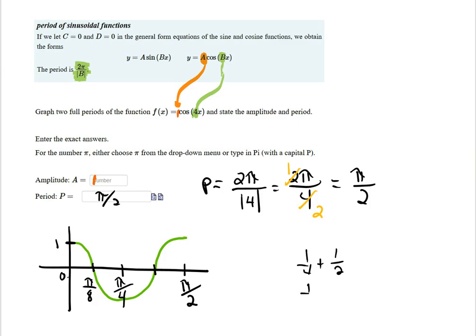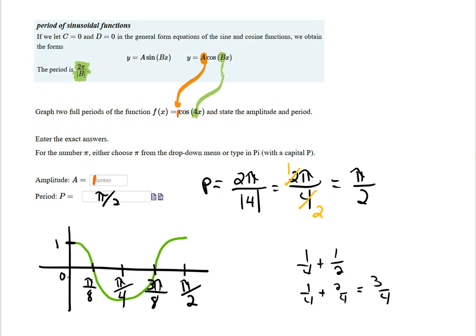That's going to be 1/4 plus 2/4, which is 3/4. But I want half of that. Oh, 3/8. That's right. 3 pi over 8. Okay. All right.